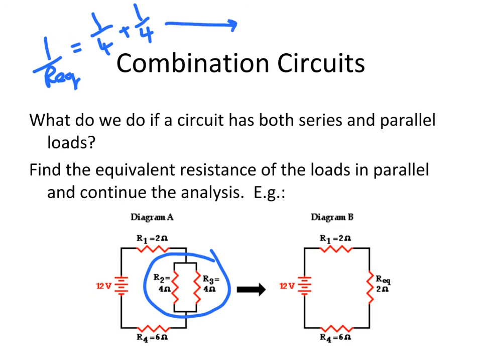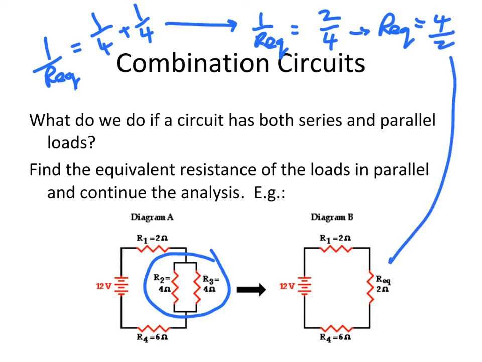And from that, we get 1 over the equivalent resistance is equal to 2 over 4. So the equivalent resistance is equal to 4 over 2, which is 2 ohms. So there's the equivalent resistance for those 2 resistors in parallel.